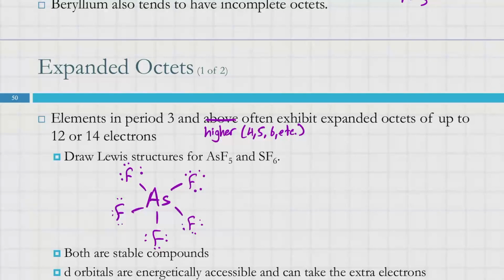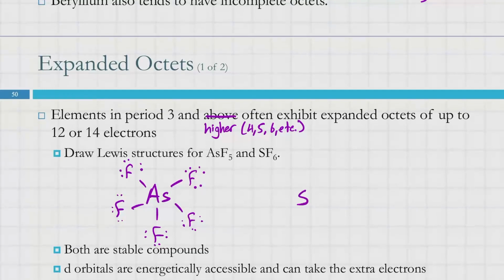So arsenic in the middle has 5 bonds, 2 electrons each. It's got 10 electrons on it. But this is a good Lewis structure. SF6, similar idea, but now we've got 6 fluorines and all of their dots.